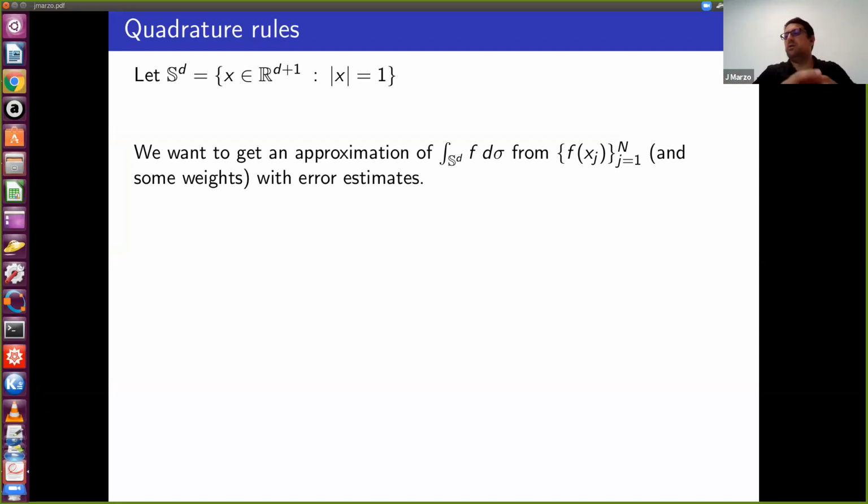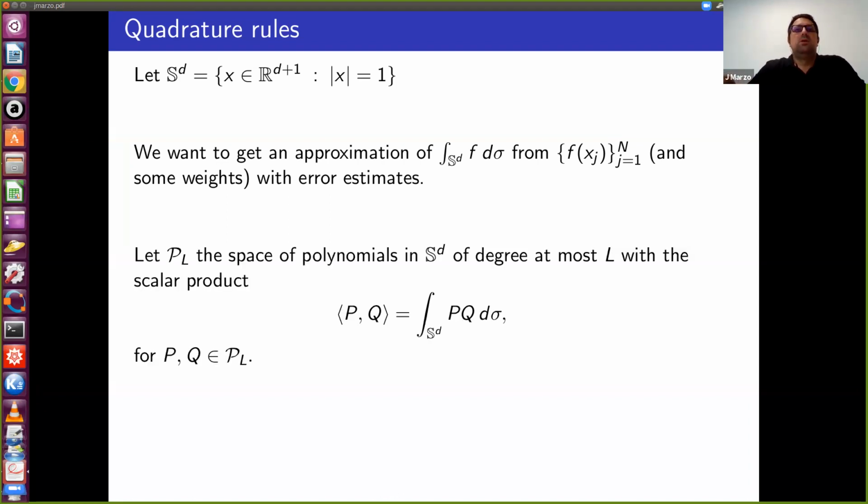My goal here is to try to talk about an interesting open problem, I think, and it's going to be a motivation for what's coming next. So it's not a survey about quadrature rules, just something about quadrature rules.